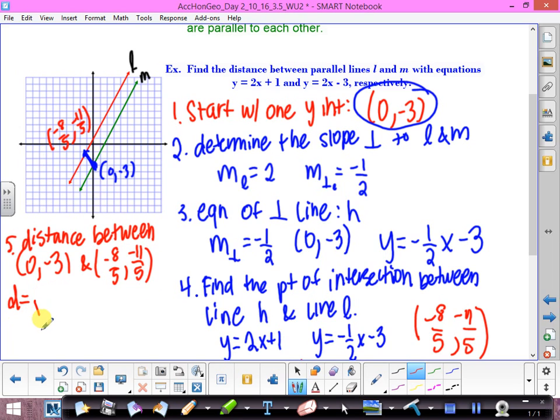So the distance would be the square root of x2 minus x1, so -8/5 minus 0 squared, plus y2 minus y1, so -11/5 minus -3 squared. And I want you to work this out and finish that problem, find the distance. And remember, if you have questions, bring them in to talk about them.